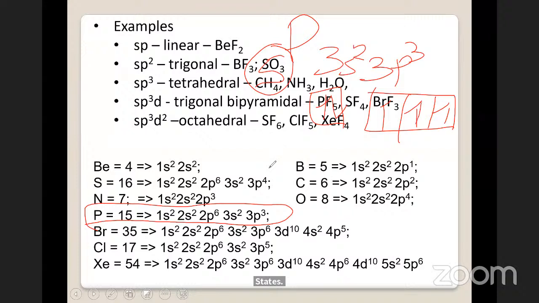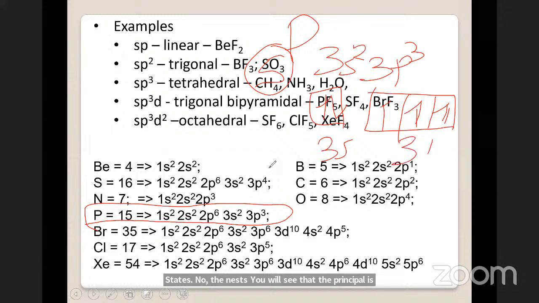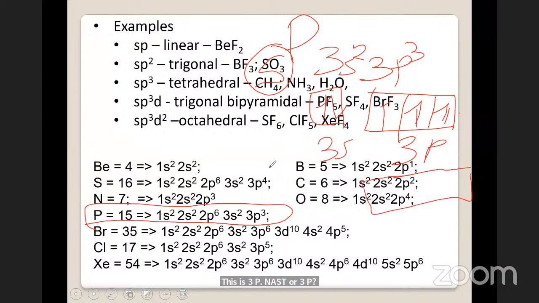Now, the next, you will see that the principle is valence shell electron pair repulsion theory. Now, this is 3s, this is 3p. Next to 3p is 3d. You have a 3d that has 5 subshells: 1, 2, 3, 4, 5 subshells.